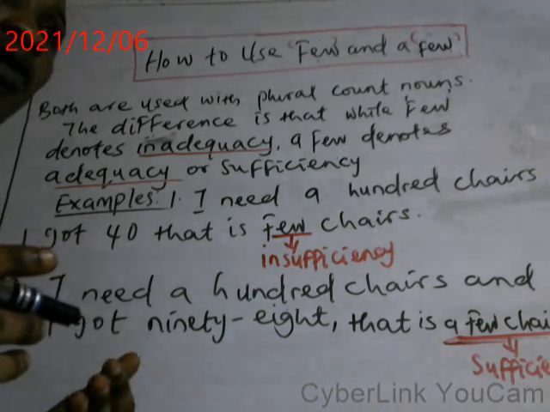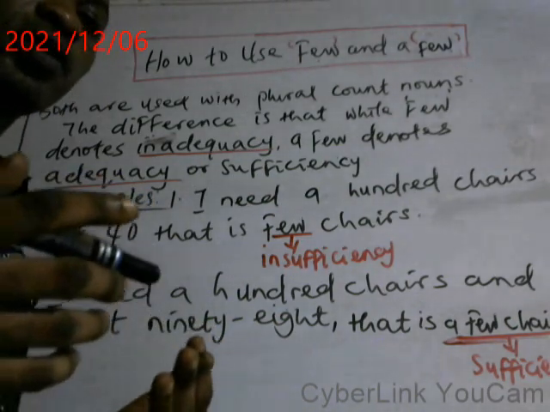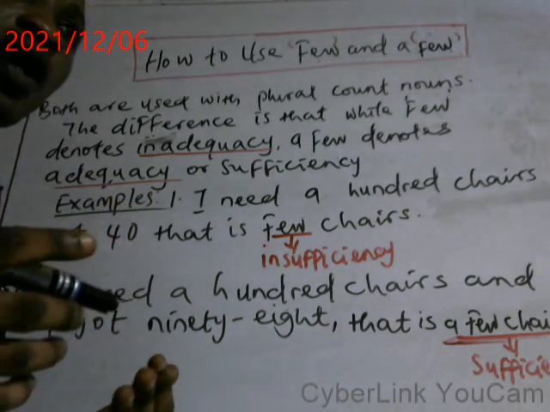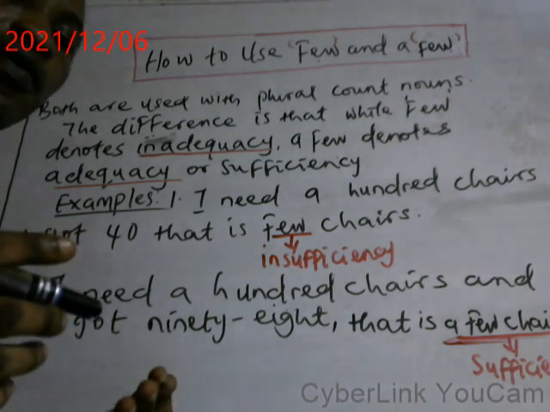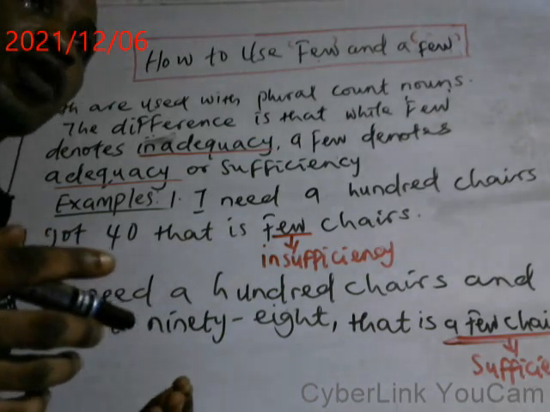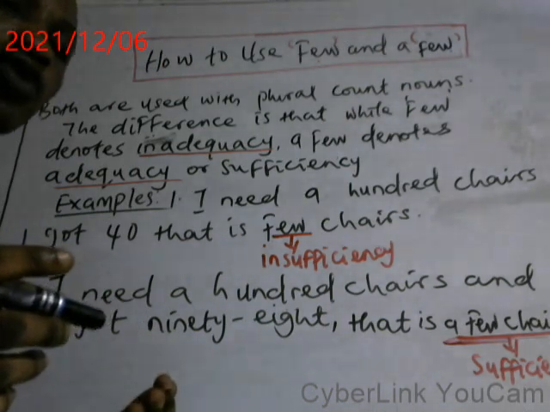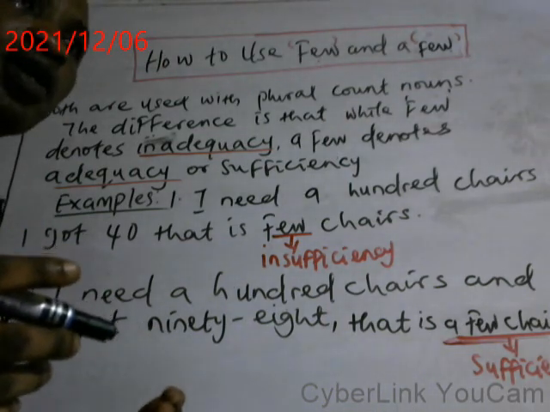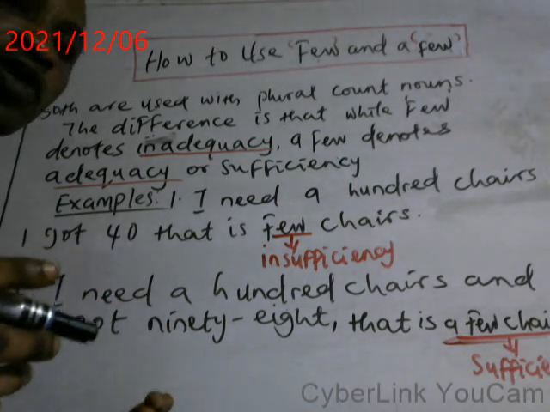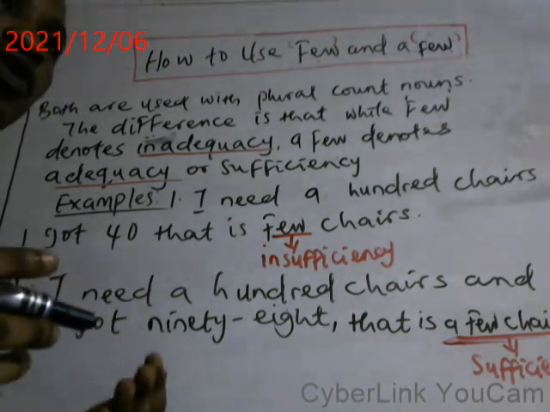Now, the other way around, I need 100 chairs. Then out of the 100 chairs that I need, I've gotten 95. And that 95 is enough for me. If that 95 is enough for what I need, and I want to talk or write, I can say, I've gotten a few chairs.